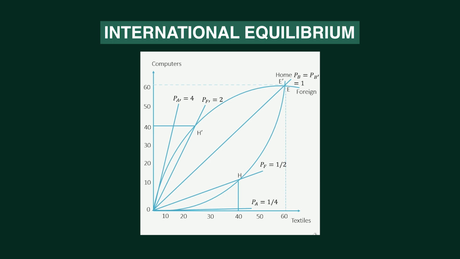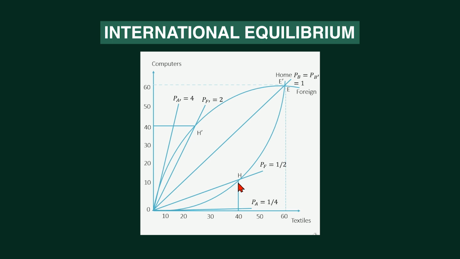Now, look at what is happening when this 40 units of textile is going to be exchanged with the computer following the foreign offer curve. So what does the foreign offer curve give you? The foreign offer curve says that this 40 units of textile should be equal to an amount of computer which is greater than 40H. And what is that?